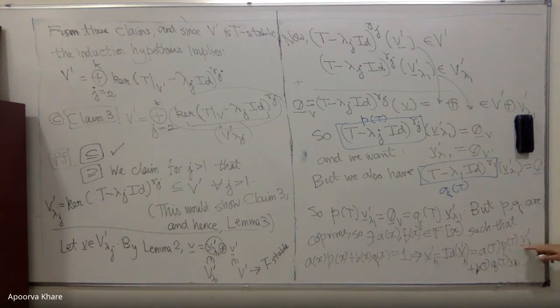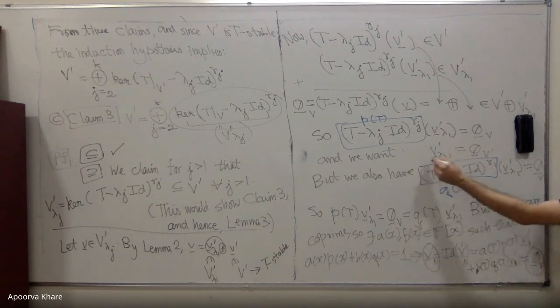And we know that p of t times v prime lambda 1 is 0, q of t times v prime lambda 1 is 0, so this is 0 plus 0, and that is precisely 0. So we started from this vector v prime lambda 1 and proved that it is 0. And that's what we wanted to show.